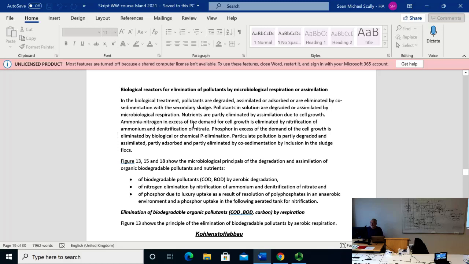Ammonia and nitrogen in excess of the demand for cell growth are eliminated by nitrification of ammonia and denitrification of the nitrate, which is formed by the nitrification. Phosphor in excess of the demand of cell growth is eliminated by biological or chemical P elimination. Particulate pollution is partly degraded and assimilated, partly absorbed, and partly eliminated by co-sedimentation by inclusion in the sludge flocks.